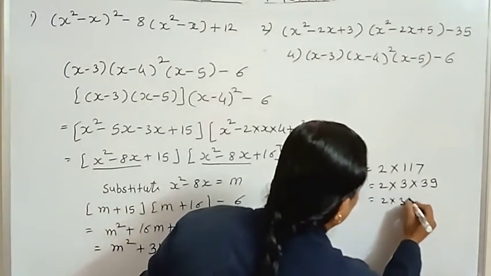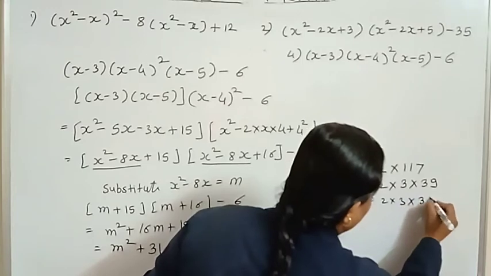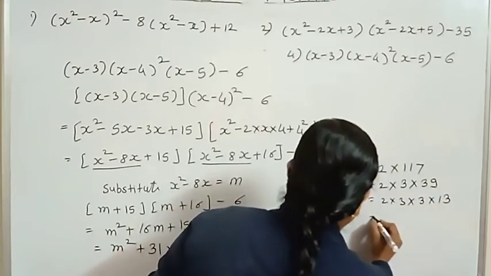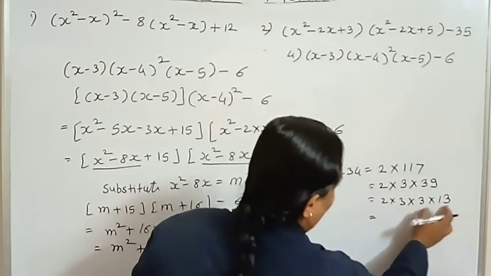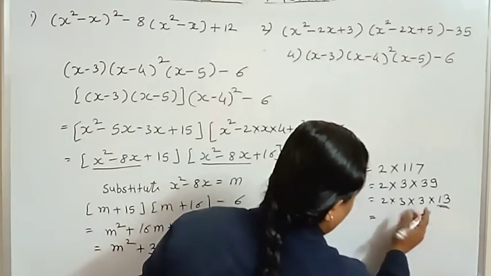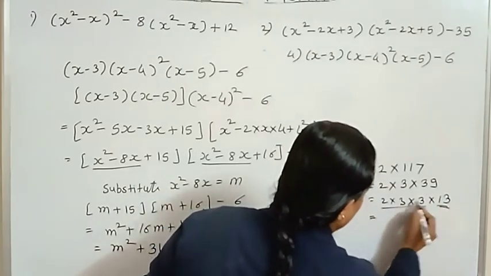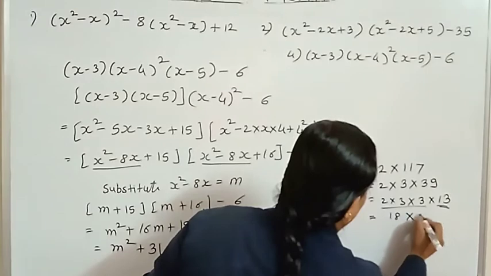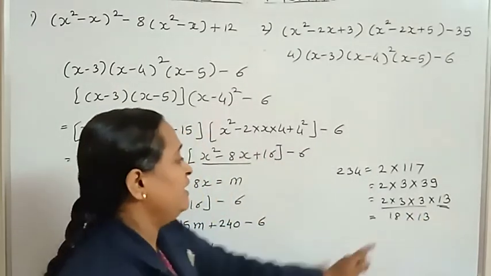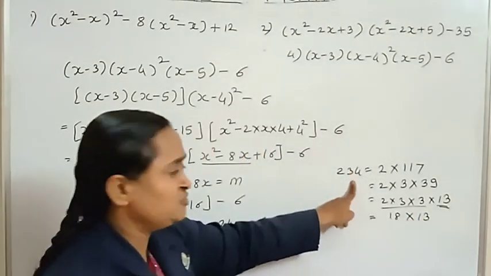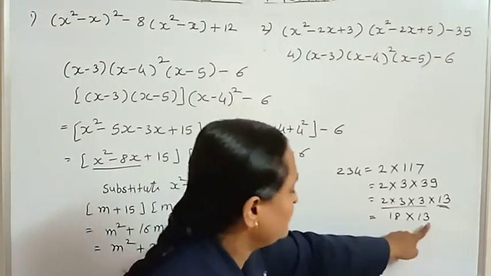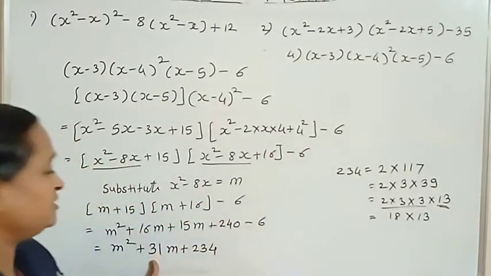Then 2 into 3, again divisible by 3 and you will get 13. Now see, one number we got is 13 and second we will multiply this: 2 threes are 6, 6 threes are 18, so 18 into 13. Now see, 18 into 13 multiplication you will get 234 and 18 plus 13 you will get 31.